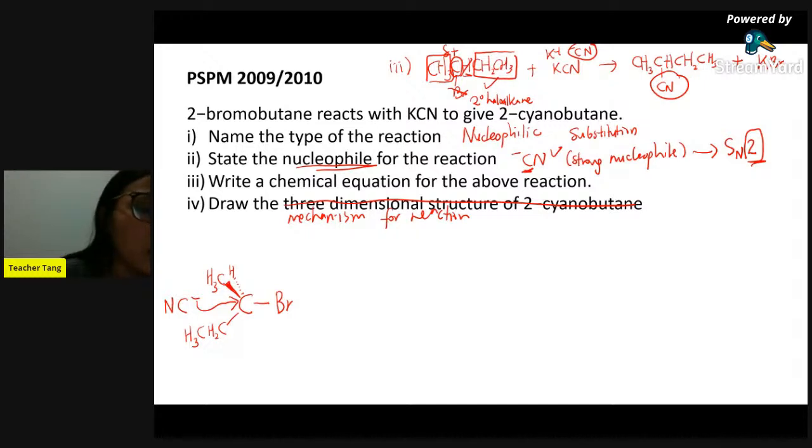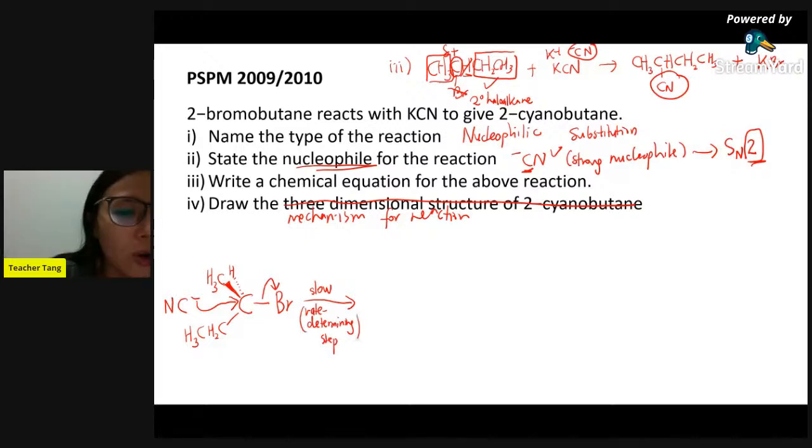So bond forming, bond breaking. This is the slow step, therefore this is the rate determining step.